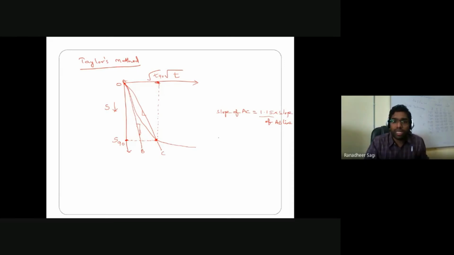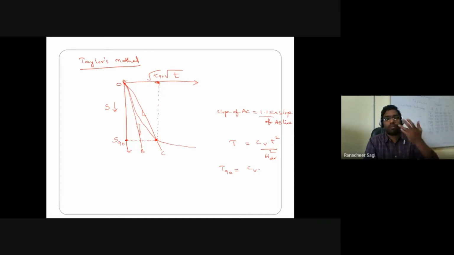Now let me come back to my time factor expression. What is the time factor expression? T is equal to CV into T square by HD square. Now what does this T mean? Time factor. Let's say time factor for 90% degree of consolidation. It's nothing but CV.